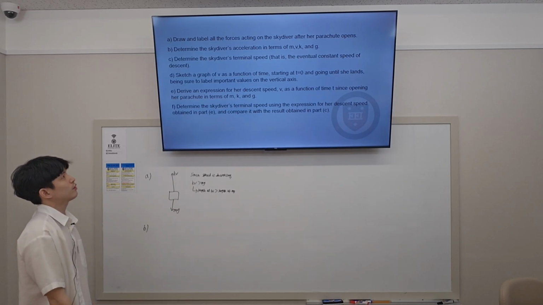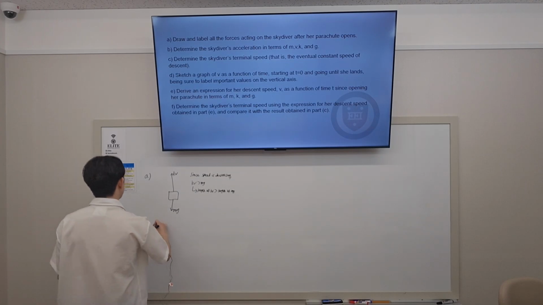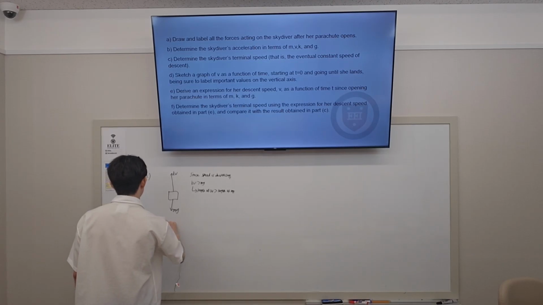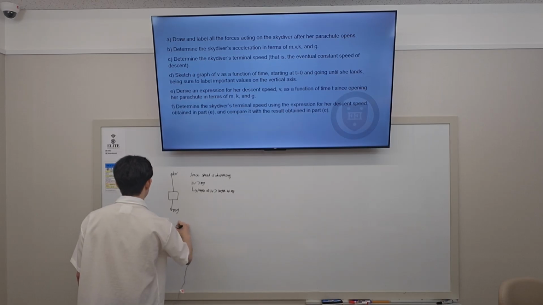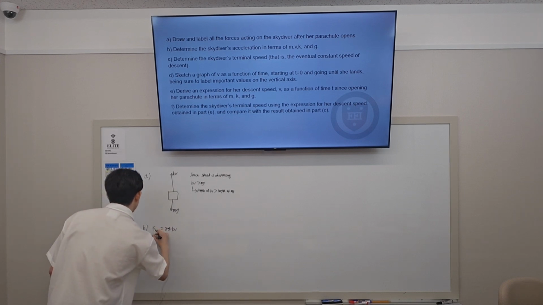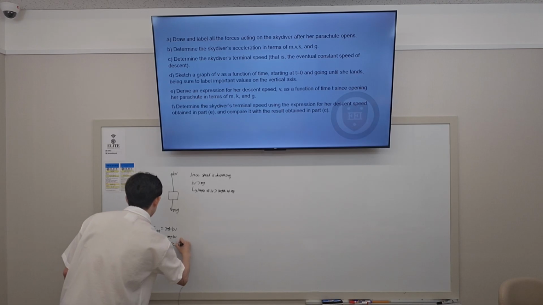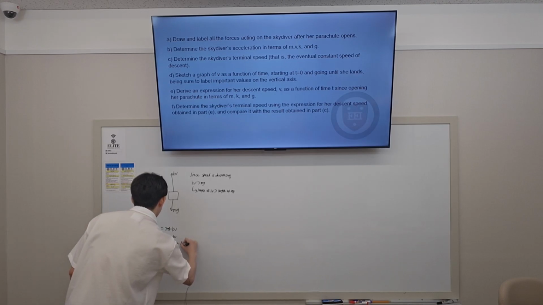We need to write acceleration in terms of the variables written there. So as you know, net force is given as mg minus kv, and net force is ma. So a is just mg minus kv over m, which is g minus k over m times v.